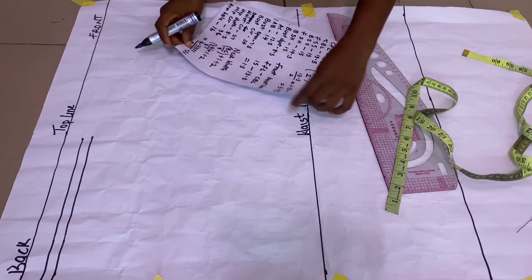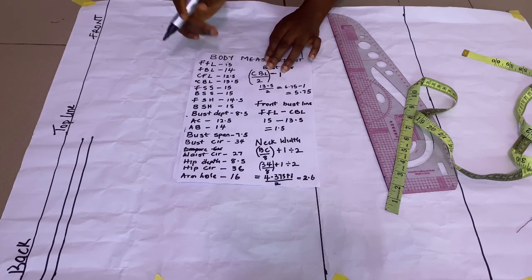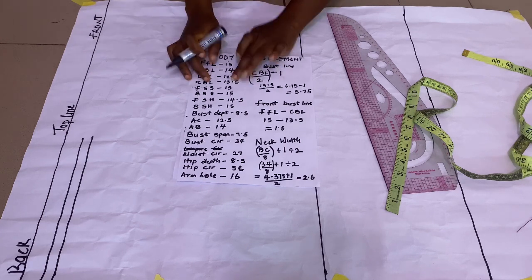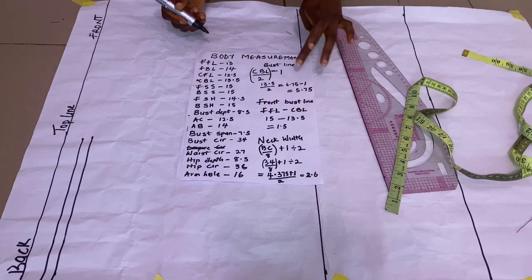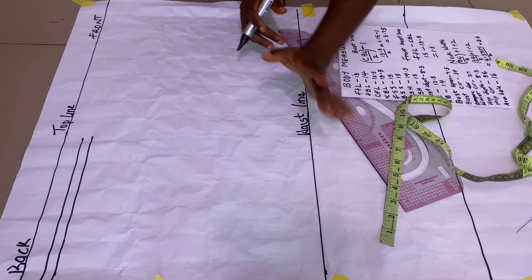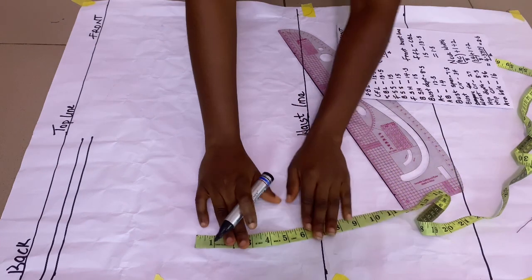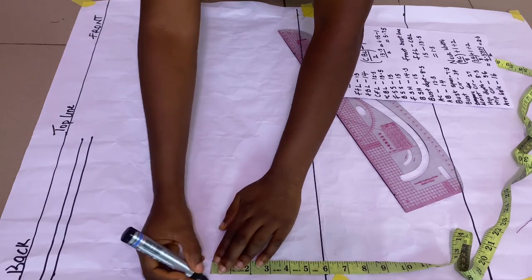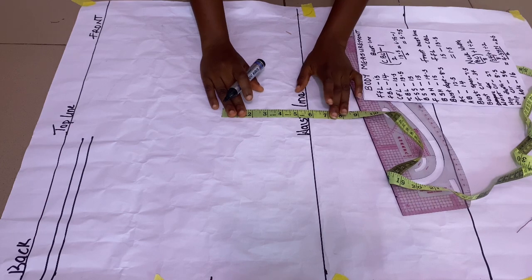To get the bust line, it is the center back length divided by 2. Whatever you get, you minus 1 from it. The center back length we have is 13.5. So 13.5 divided by 2 is 6.75. Minus 1 is 5.75. So we are going to mark 5.75 from the waistline upward, and I'm going to mark it across to the front side.